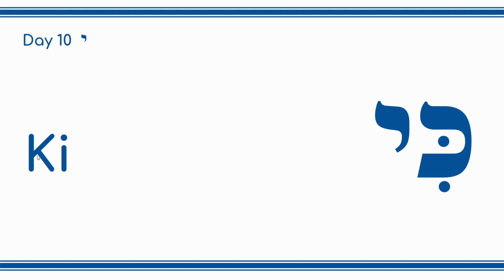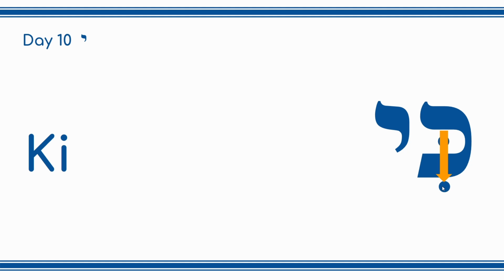So it makes a K sound, K. And that's why there's a K there. So we're going to look down now, and we see the vowel. It's a dot here, and it makes an E sound, as in the word ski, S-K-I, which is why there's an I here. But it doesn't make an I sound. It makes an E sound, as in the word ski.